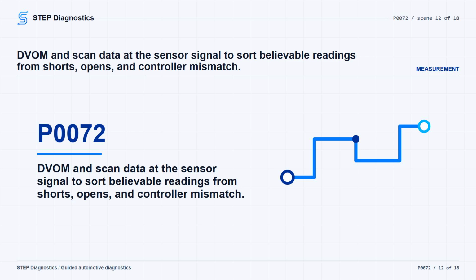If the circuit fault is active and the scan tool voltage does not match the DVOM voltage, the controller is suspect. A constant 0 volts points toward the signal circuit shorted to ground or an open between the controller and the sensor. If that constant 0 volts is present with this low fault, the likely direction is a signal short to ground or possibly the sensor.